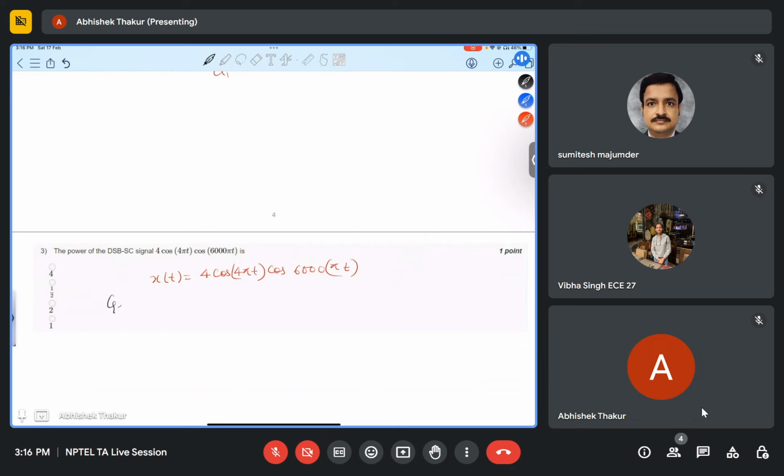Then the general expression of a double sideband suppressed carrier signal will be equal to m(t)c(t). The message signal is m(t) and the carrier signal will be Ac cos 2πfct.